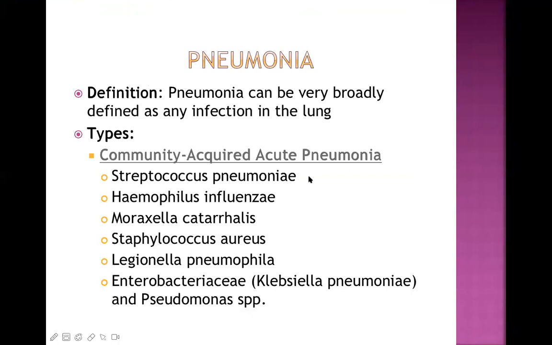Look at the names here: Streptococcus pneumoniae, which is also known as pneumococci, Haemophilus influenzae type B, Moraxella catarrhalis, Staphylococcus aureus, Legionella pneumophila, and certain Enterobacteriaceae like Klebsiella and even Pseudomonas. Now among them, the top four are very common: pneumococci, Haemophilus influenzae, Moraxella catarrhalis, and Staphylococcus aureus. These are called community acquired acute pneumonia.